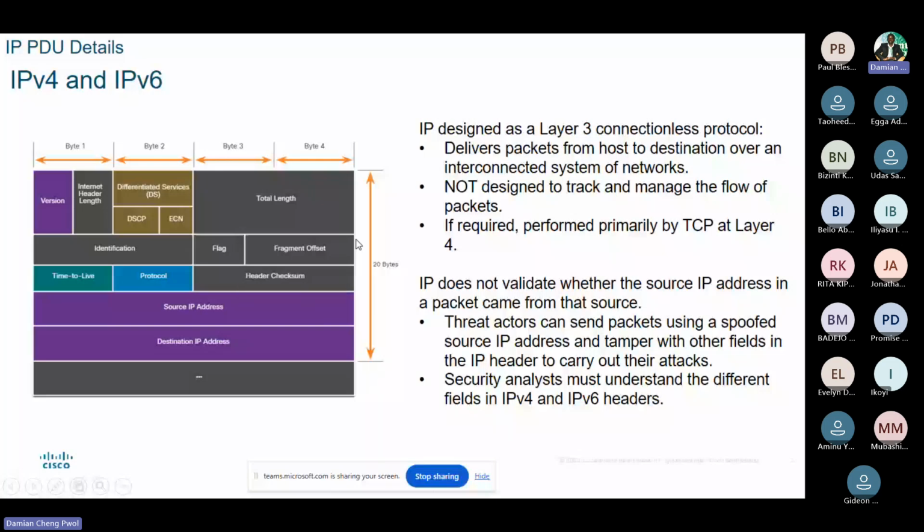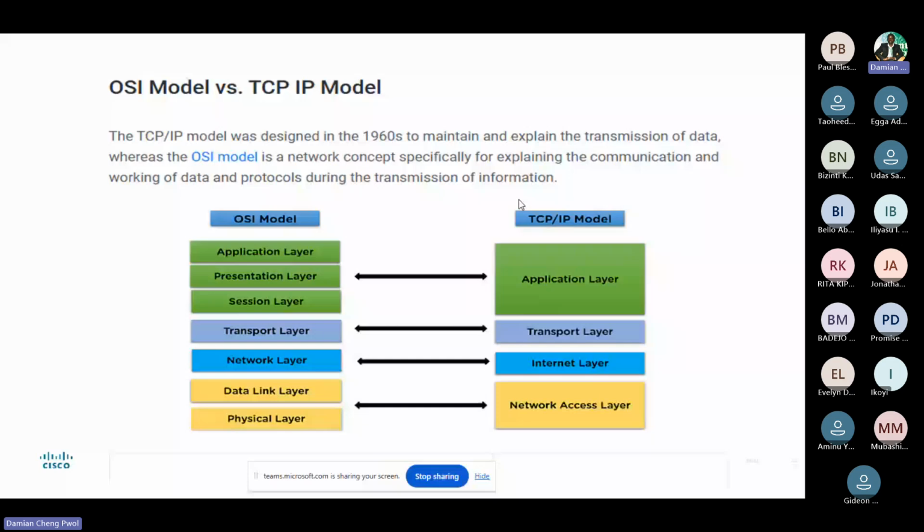IP is designed as a layer 3 connectionless protocol that delivers packets from host to destination over an interconnected system of networks. It is not designed to track and manage the flow of packets. So what we mean is that layer 3, the network layer, has no concern. Its only job is to forward the packet.